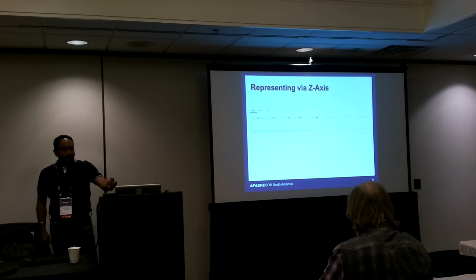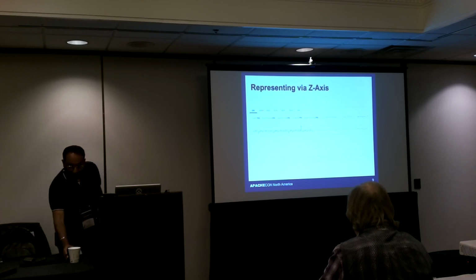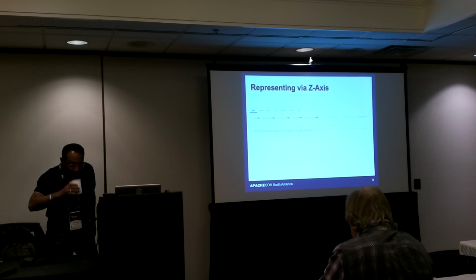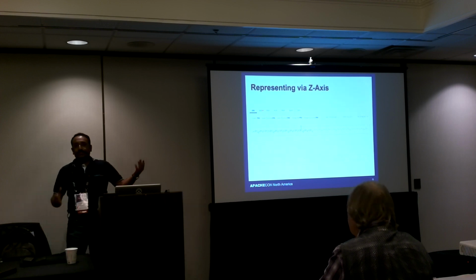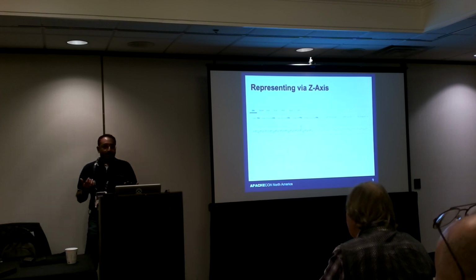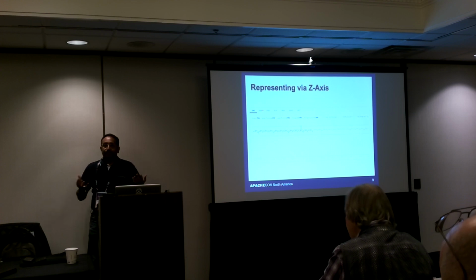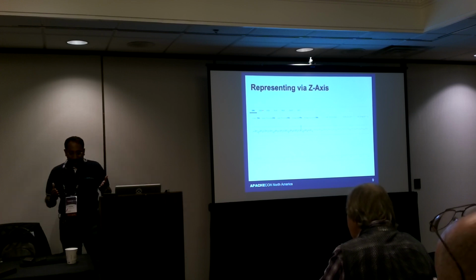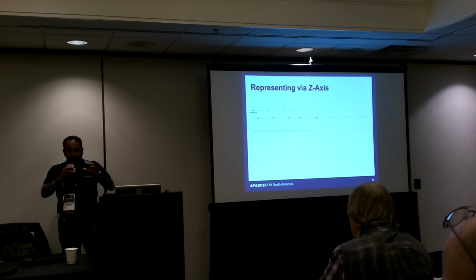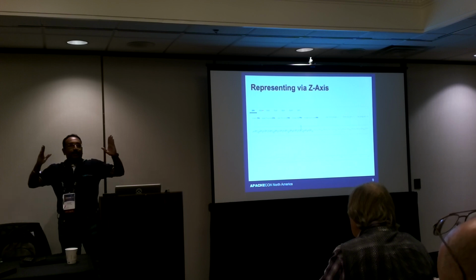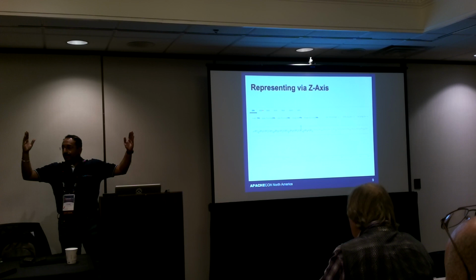There's something unique we do, which is called the Z-axis. Since we have data, let's say, of a particular host over time, we not just give you access to a period, let's say from time 1 to time 2.